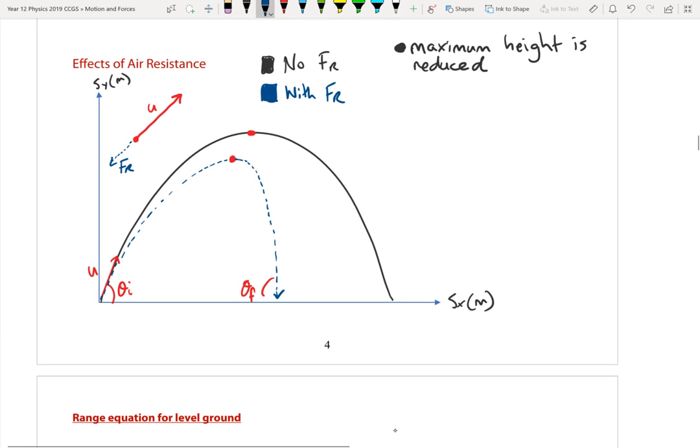And that causes a constant acceleration which causes a lovely parabola that describes its path. With air resistance, on its way up, not only is there a downwards weight vector called mg, but there is now also an extra vector acting downwards called air resistance.